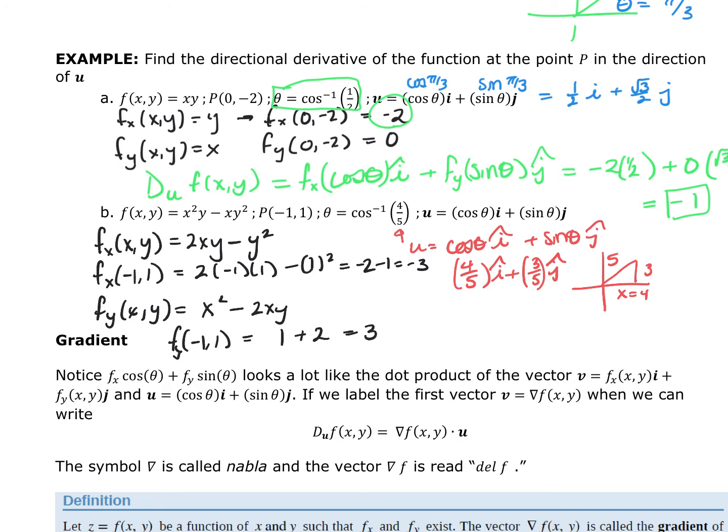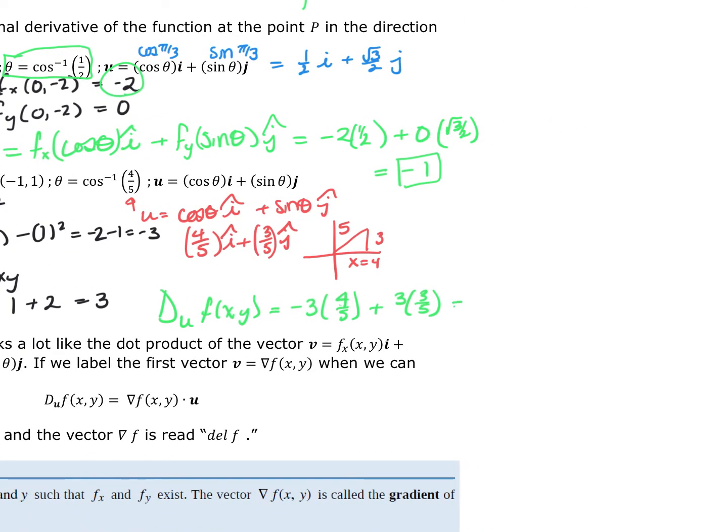So now I can jump to my directional derivative in the direction of u of my function of x comma y. We know that this is going to be the partial derivative with respect to x, so that is where the -3 comes from, and then 4 over 5, plus my partial derivative with respect to y, which is 3, multiplied by 3/5.